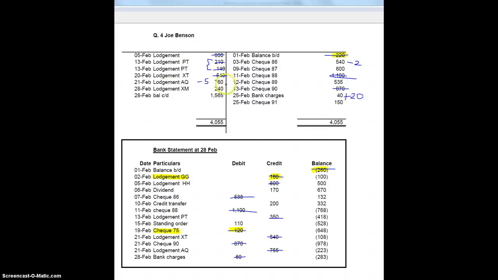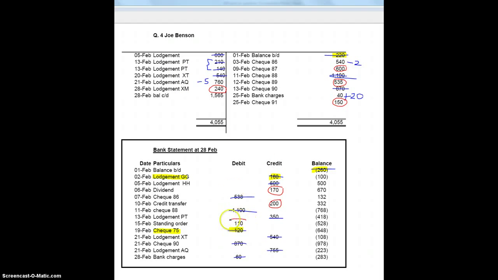So anything we didn't find a match for: check 87, check 89, and check 91. And down here there was a dividend and a credit transfer, money in, amounts lodged into the account. They should have been recorded on the debit side, but they weren't.